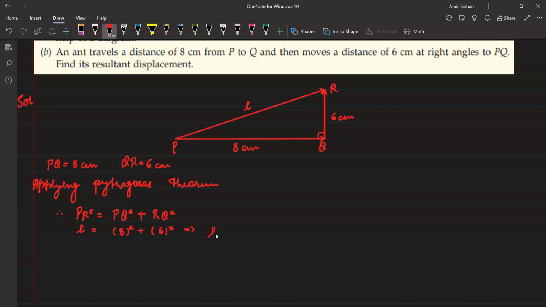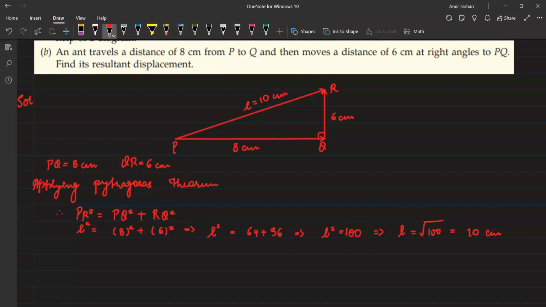So L square is equal to 64 plus 36. So Ayaan, L square will be equal to 100. If I need the value of L only, I will take the square root. So the square root of 100 is 10 centimeter. So L is coming out to be 10 centimeter.